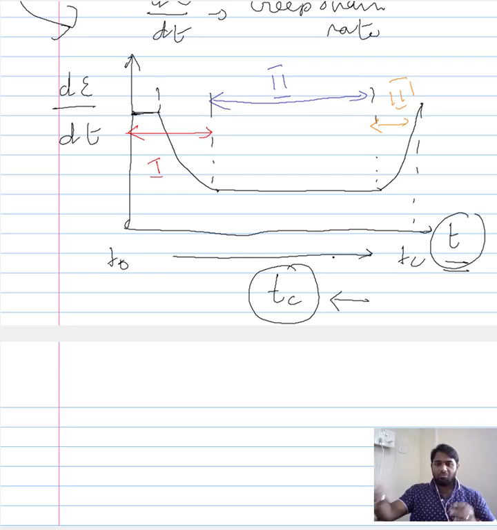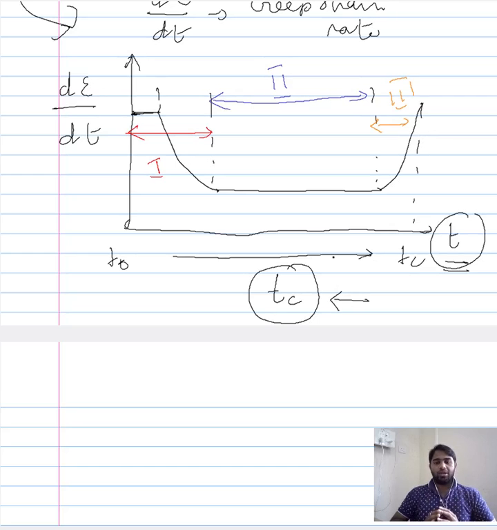This Tc, of course, varies with different materials, but for this discussion, let us stick to one particular material. Then for one particular material, Tc will be a characteristic time, assuming that your temperature is constant and your stress is constant. When you assume these two are constant, then Tc will be a characteristic property of the material, and we will confine our discussion from henceforth to this Tc.